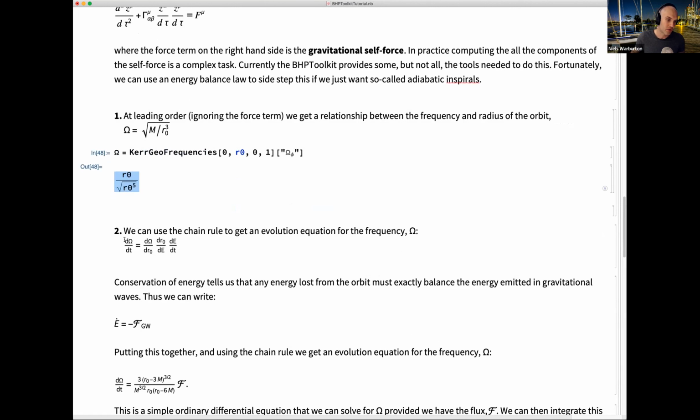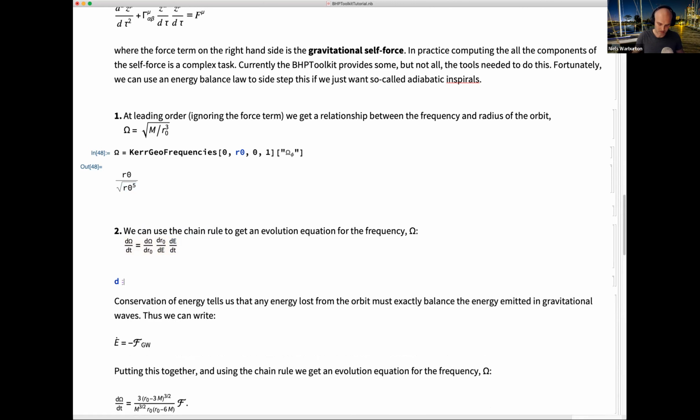Avoiding all that calculation of the self force, we can just use the chain rule to get an evolution for the frequency. So d omega dt is d omega dr0, we have that equation, times dr0 by dE, which is just 1 over dE by dr0, we can get that as well, times dE by dt. Then we relate that to the gravitational flux.